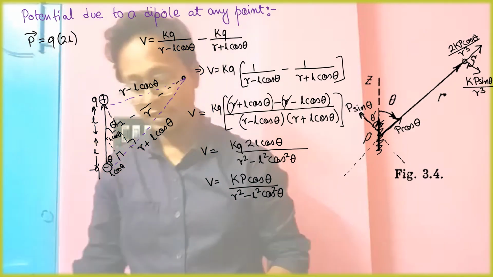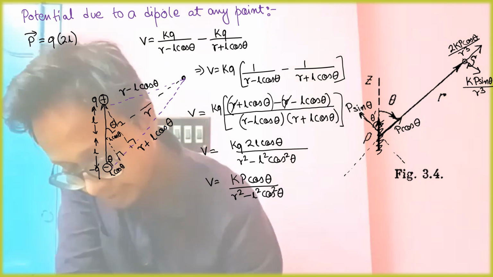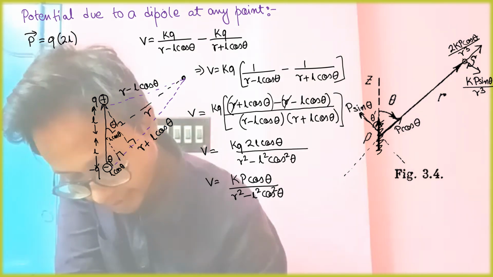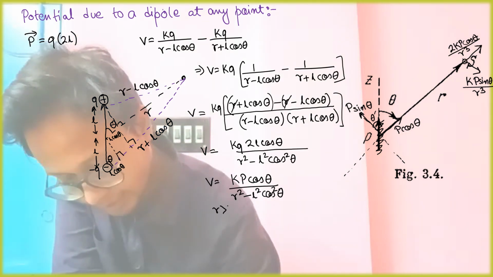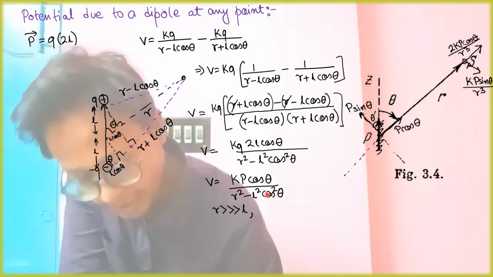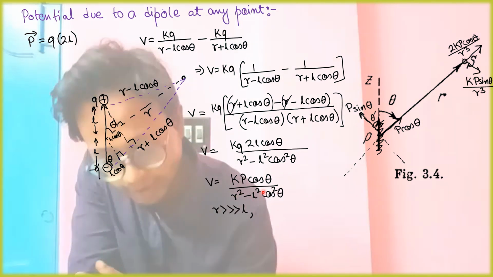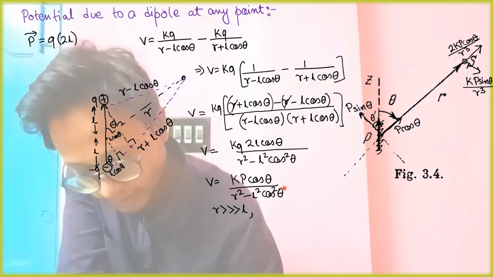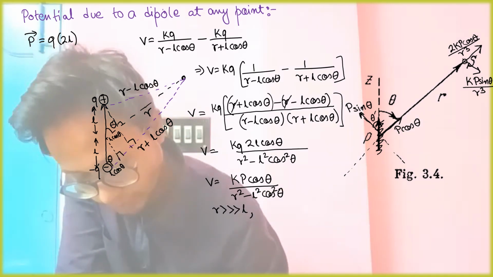Now you already know R is much greater than L. Therefore, L square cos square theta is very small when compared to R square, so this term tends to 0.